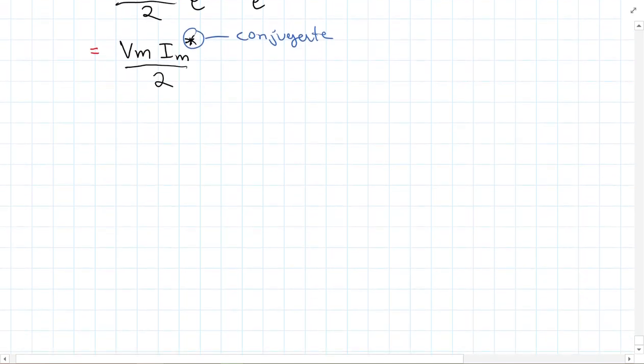So wait a minute, this is the big deal moment here. S is equal to Vm Im star over 2.